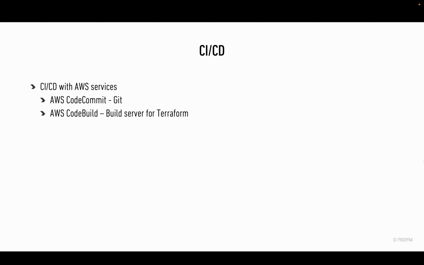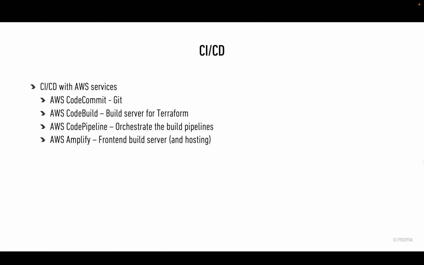And yeah, let's talk about CI/CD. For CI/CD we use AWS services. We used AWS CodeCommit for our Git. We use CodeBuild as build servers for Terraform, CodePipeline as orchestration for the build pipelines, and I already said that AWS Amplify is used as front-end build server and hosting.